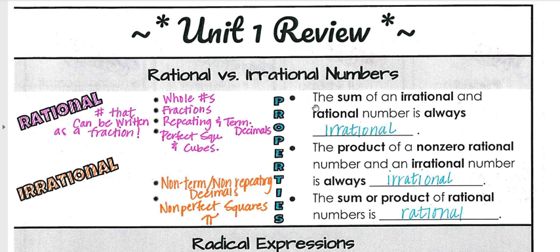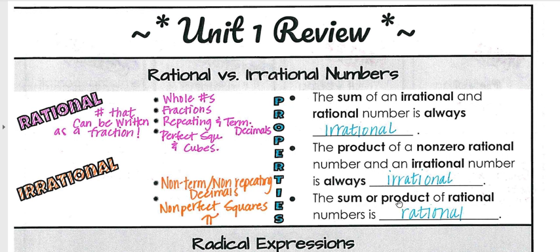A couple of reminders: the sum of an irrational and a rational number is always irrational. So if you add, that's what sum means, an irrational number to a rational number, you're going to get an irrational answer. The product, so if we multiply a non-zero rational by an irrational, the answer is going to be irrational.